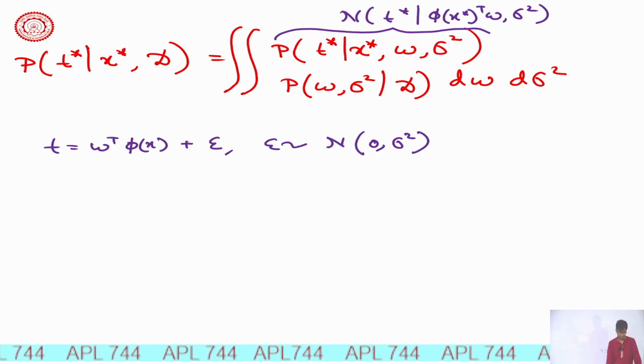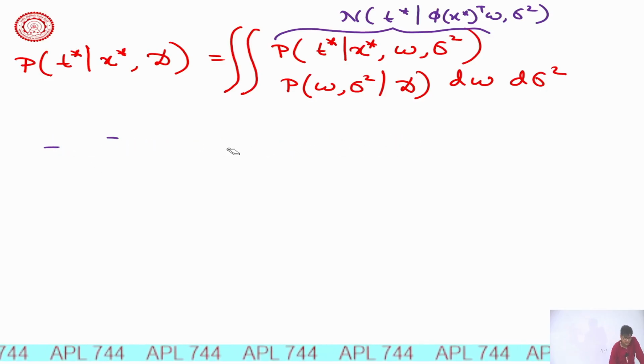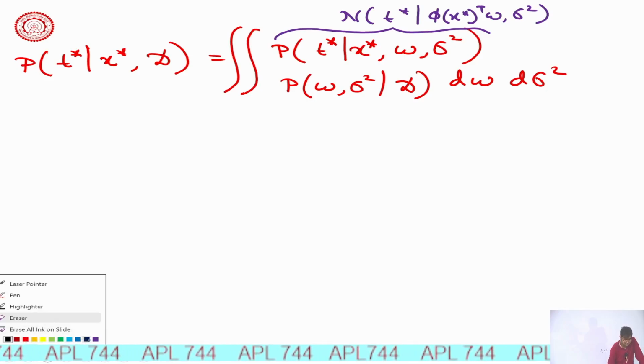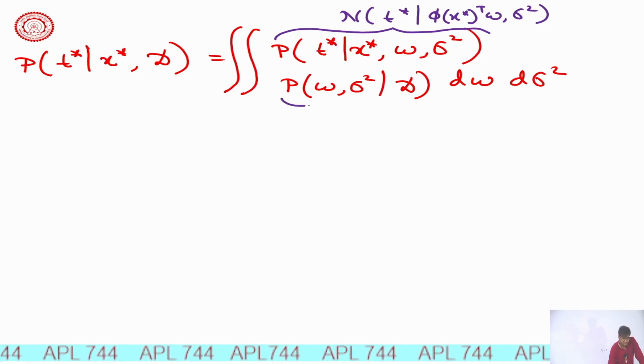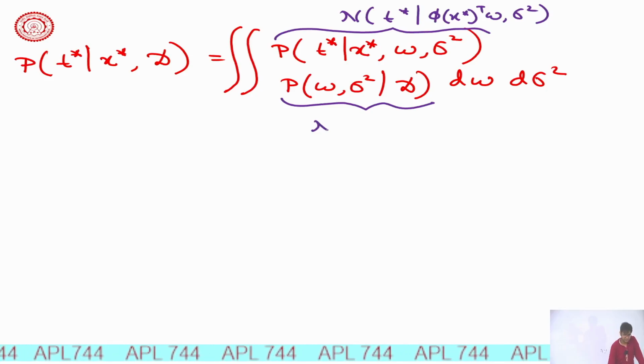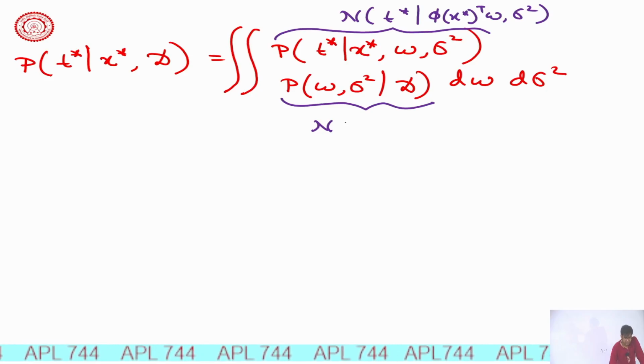I will delete the bottom portion. That was only for your understanding. And tell me what is the other distribution? This is the Gauss inverse gamma.